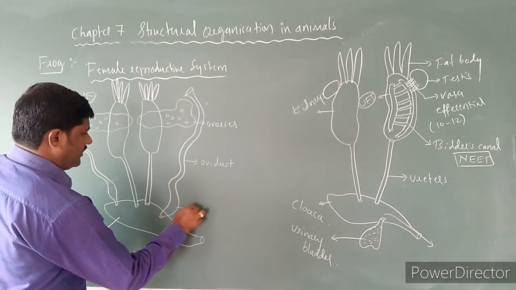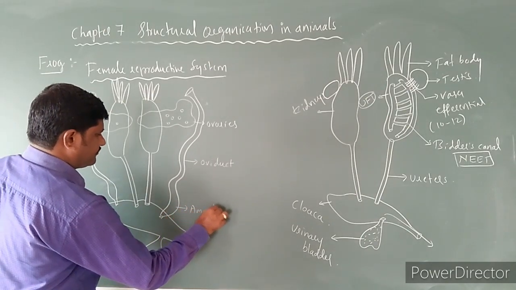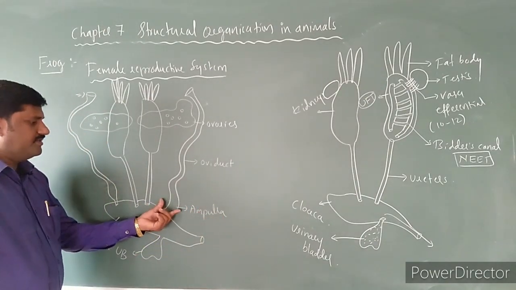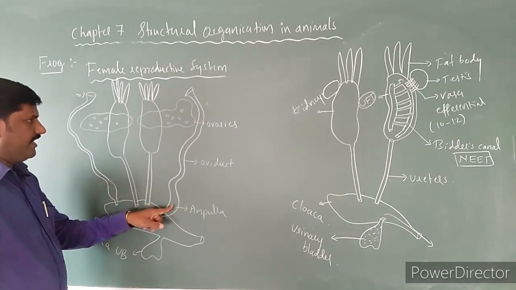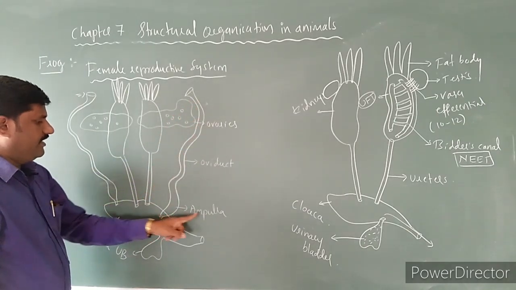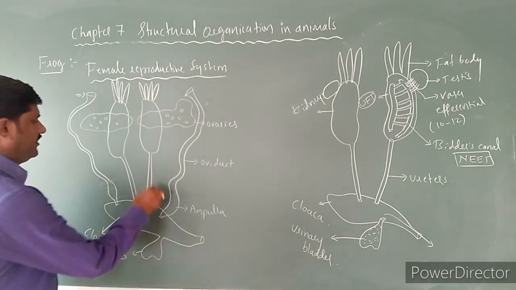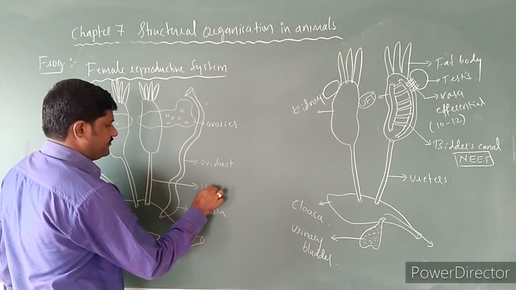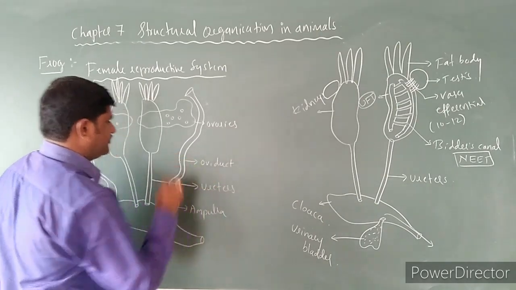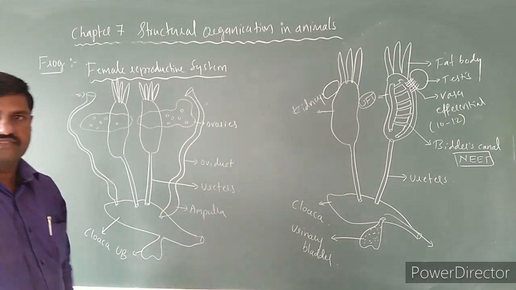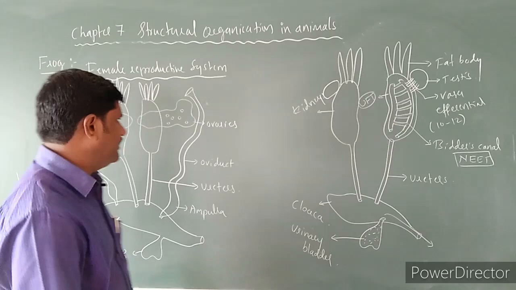And this is called the ampulla. The little bulge structure that we come across at the end of this oviduct is called the ampulla. And these are the ureters, right? And one more thing we must remember over here.